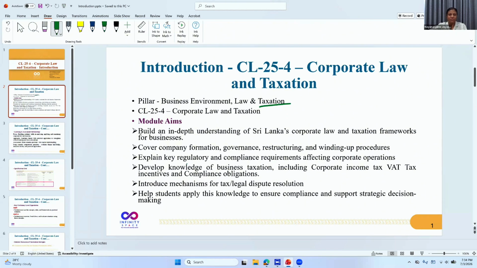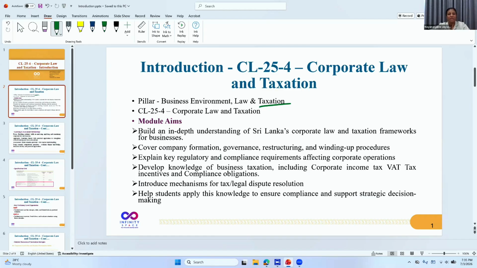From this module, what are the aims as given? To build an in-depth understanding of the Sri Lankan corporate law and taxation framework for businesses. Your subject is totally applicable to the management of the business and particular business situations, and covers company formation, governance, restructuring and winding up procedures. This is for law.